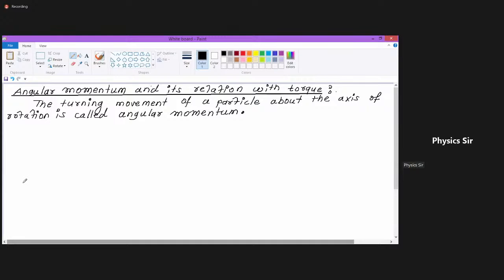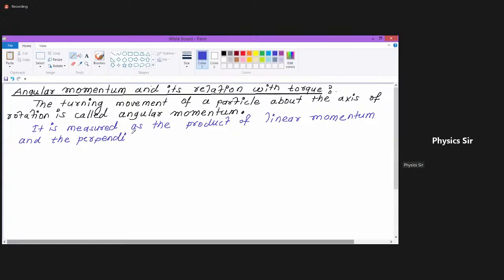It is measured as the product of the linear momentum and the perpendicular distance of its line of action from the axis of rotation.